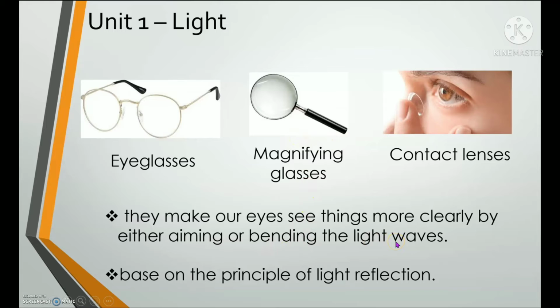Okay, so we will explain it more later on. Let's read the other paragraph. Repeat after me. Based on the principle of light reflection, very good. So we will talk about it more on our succeeding slides.